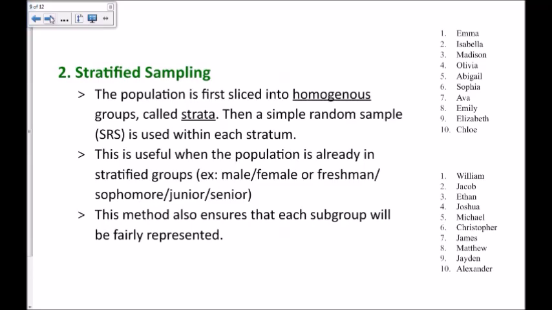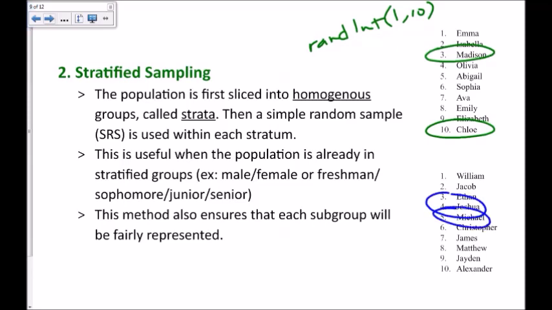So for example, if I randomly picked 2 girls from this list, now using randInt, 1, 10, or a random table of digits, and I randomly picked 2 boys, that would become my sample, some from the girls and some from the boys, so that each group is fairly represented, which is a very nice thing.